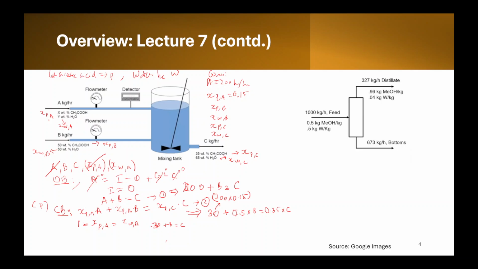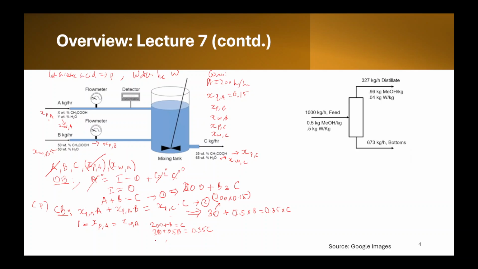And this is 30 plus 0.5 B equals 0.35 C. So now you see that there are two unknowns here, B and C. These are two simultaneous equations.